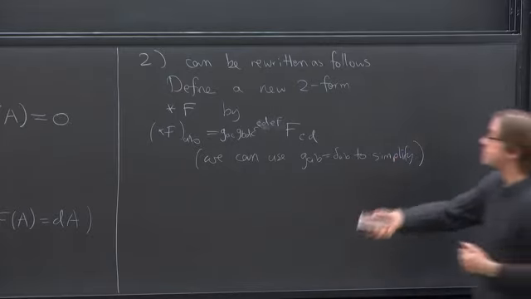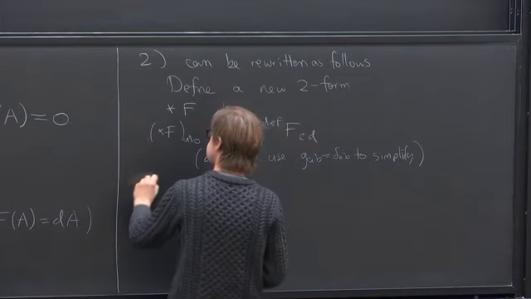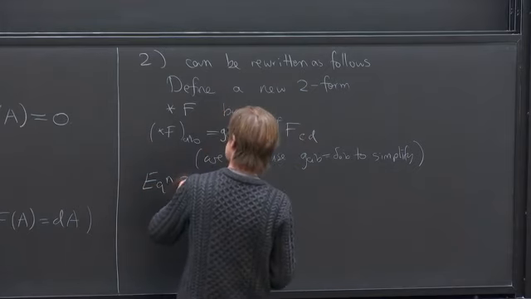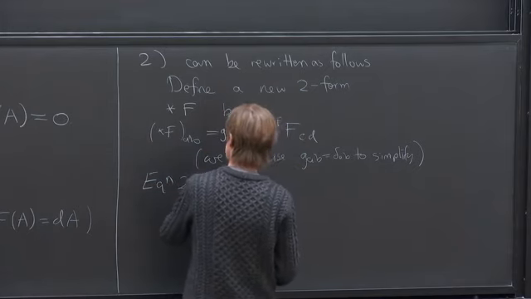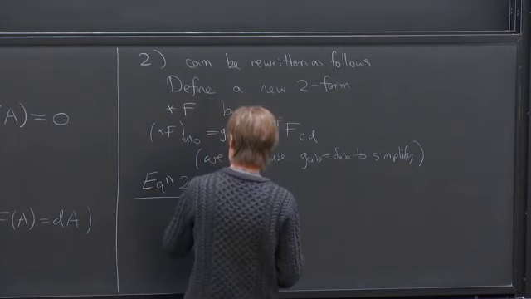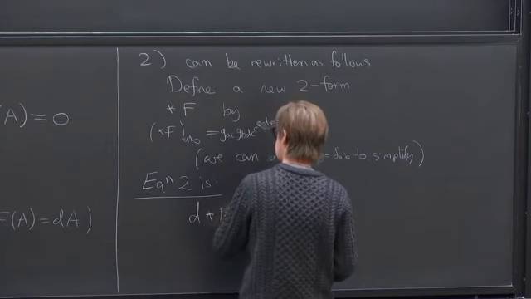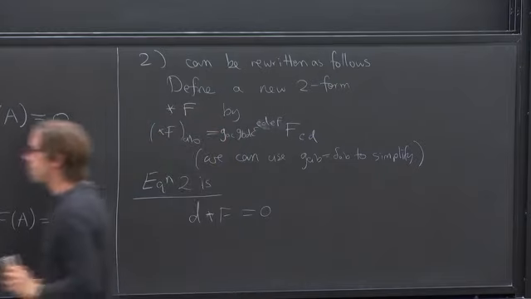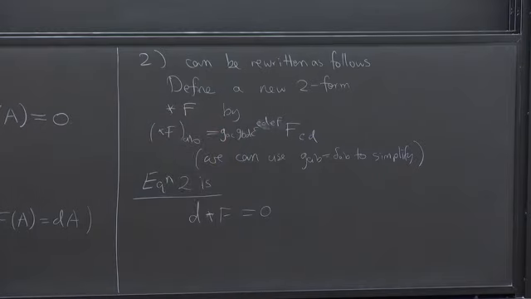Okay, then equation 2 is d star F is equal to 0. So this is a nice formulation of the Yang-Mills equations. Well, in this case, it's the Maxwell equations because it's the group U1, because there's this beautiful symmetry between F and star F. They both satisfy the same equation.